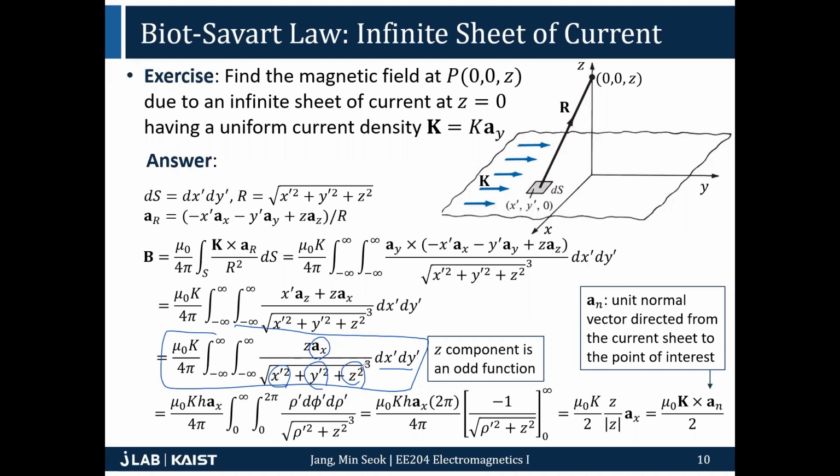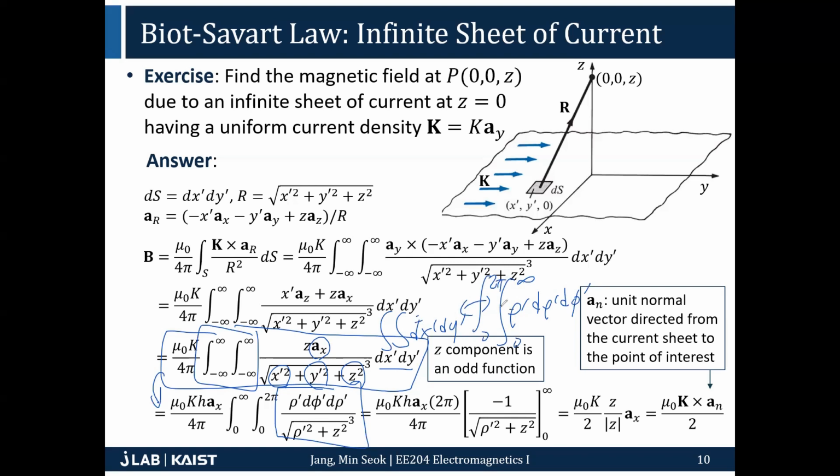You can turn this into cylindrical coordinates, basically a change of variables. Then this integration becomes extremely simple: the region is negative infinity to positive infinity, becoming rho prime d rho prime d phi prime, from 0 to infinity and 0 to 2 pi.